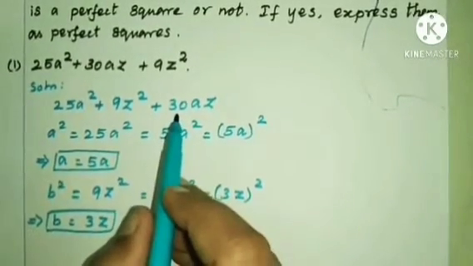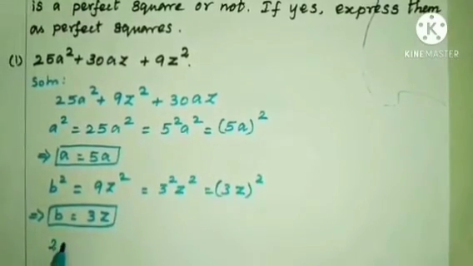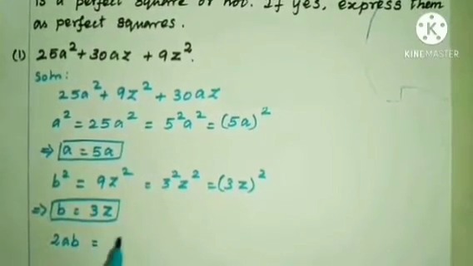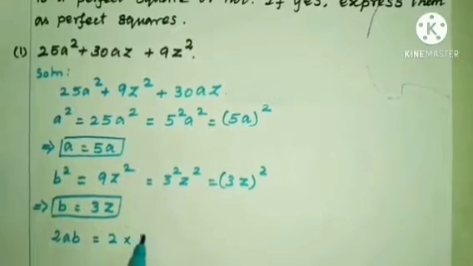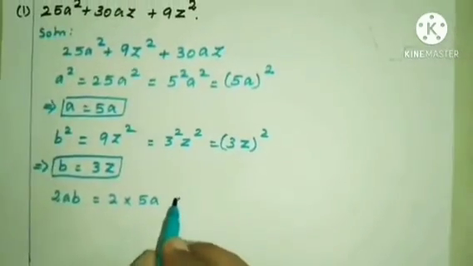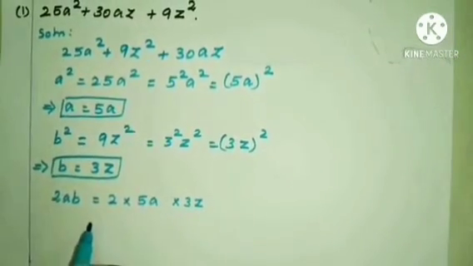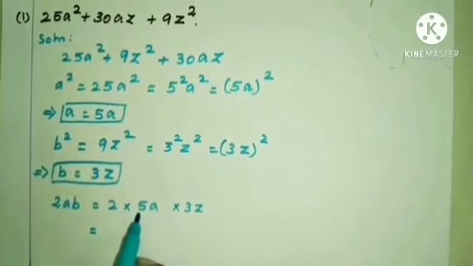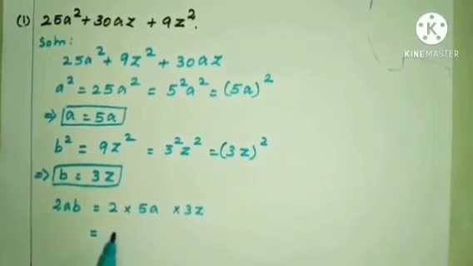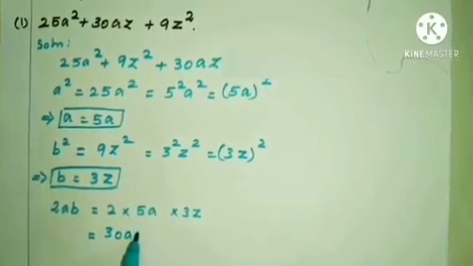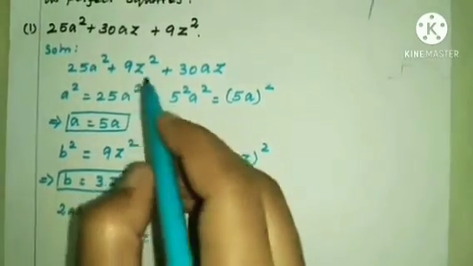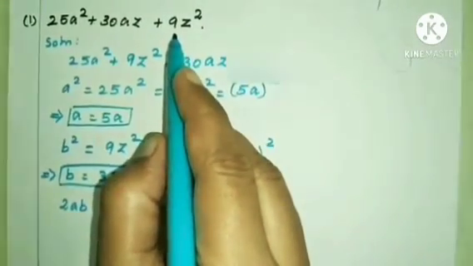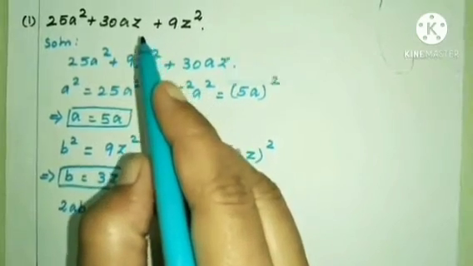Next, the third element is 2ab. Here it is 2 × 5a × 3z, which is 5 2s are 10, 10 3s are 30az. So this given expression is a perfect square.